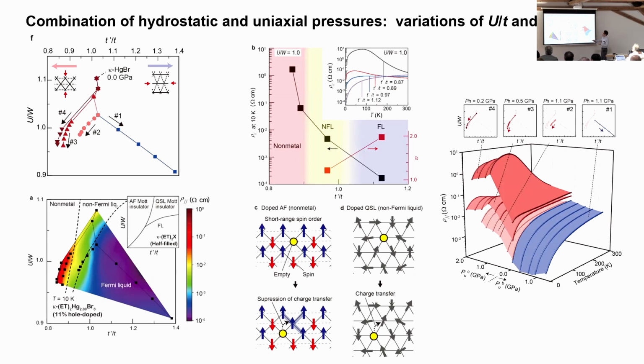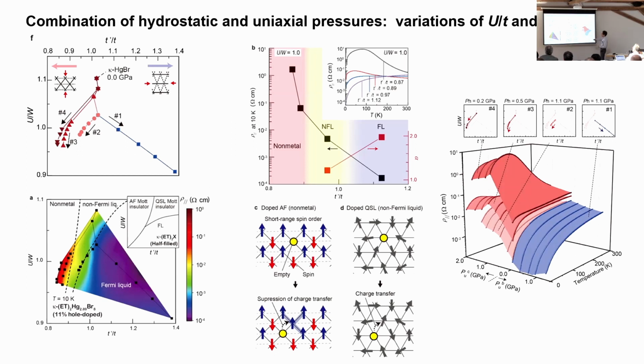Roughly speaking, hydrostatic pressure varies U over W like this, and uniaxial pressure changes the frustration and also U over W in these directions. Please take a look at this axis: U over W is constant, but t prime over t is changed. This is a triangular lattice, and this goes toward the square lattice, and this goes toward weakly coupled one-dimensional chains.